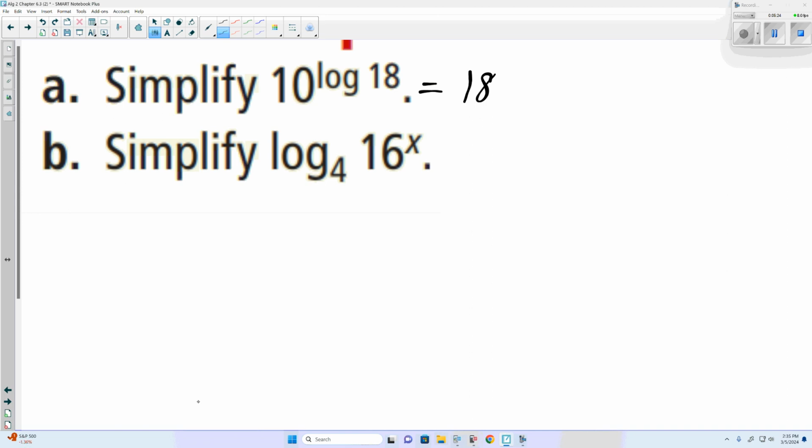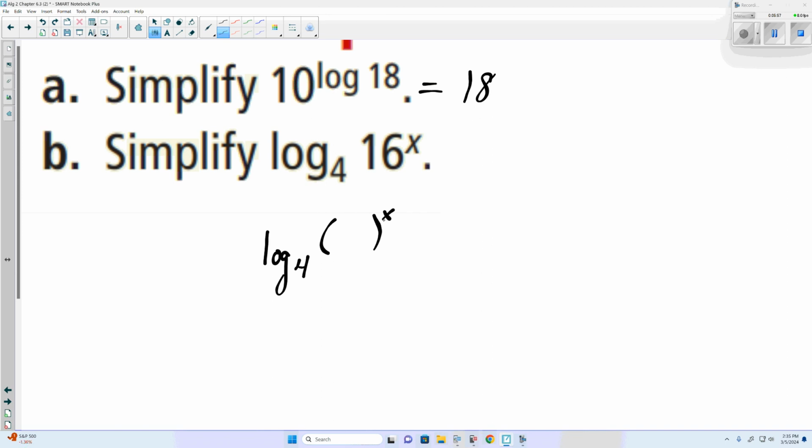Now the next one, simplify log base 4 of 16 to the x. Well, the x kind of throws a hitch into us being able to just type it in. Because unfortunately for the calculators we have, we can't type x in as a variable. It has to be a number. But it would be nice if we could rewrite 16 as 4 to a power. Because if we do, the base of the log and the number inside are the same, and that would simplify.